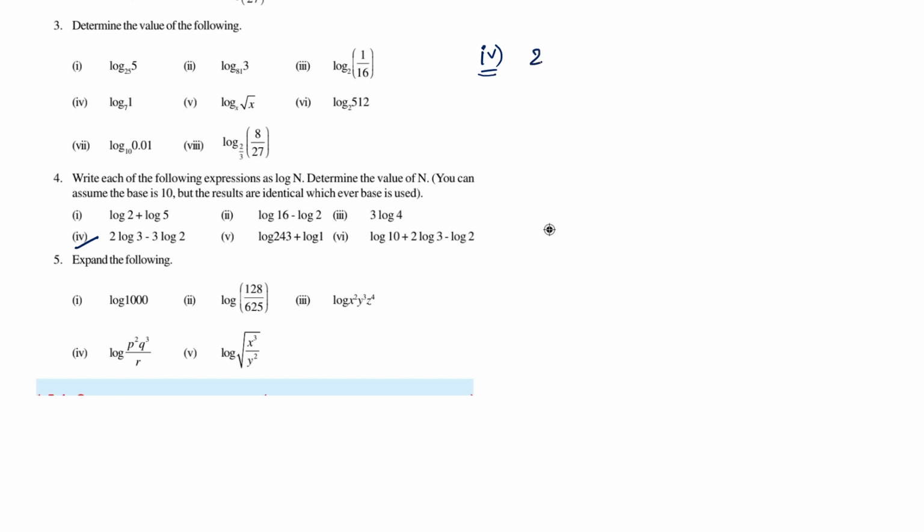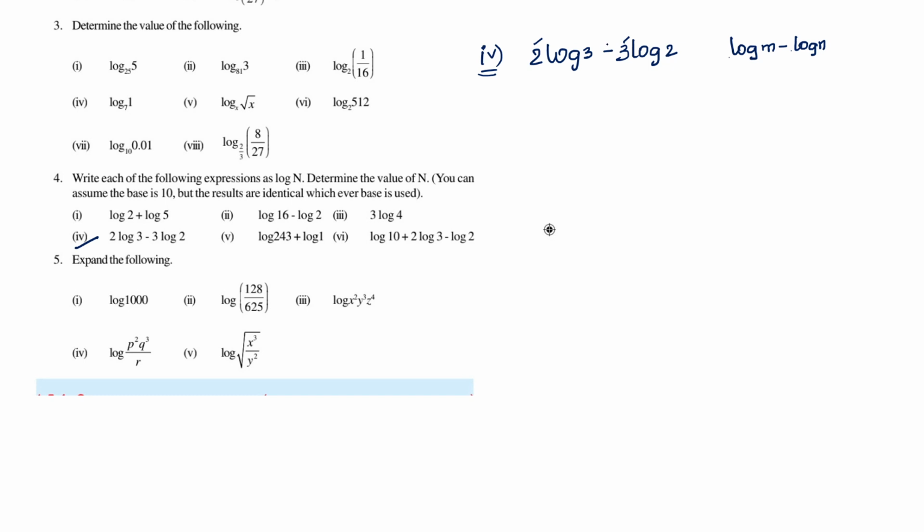Now coming to the fourth question. It is 2 times log 3 minus 3 times log 2. If you want to solve this problem, we cannot simply apply log m minus log n, because to apply this formula, there should not be any coefficients before log m and log n. Or I can say simply, log should be free from coefficients. But here, if you observe carefully, 2 is being multiplied with log 3 and 3 is being multiplied with log 2.